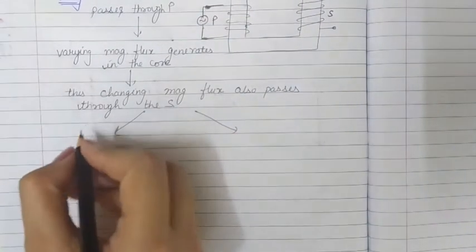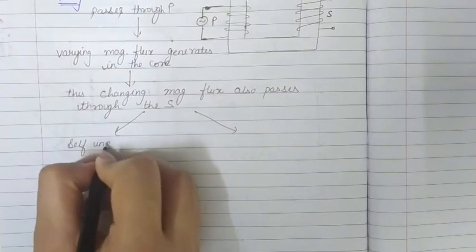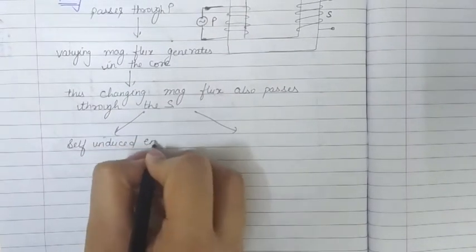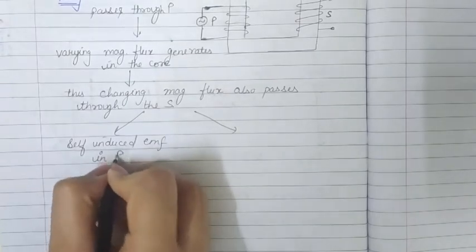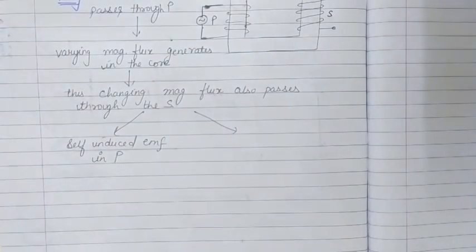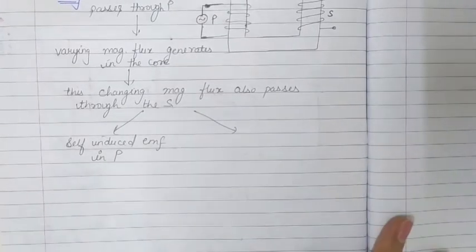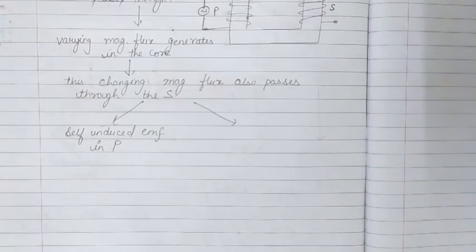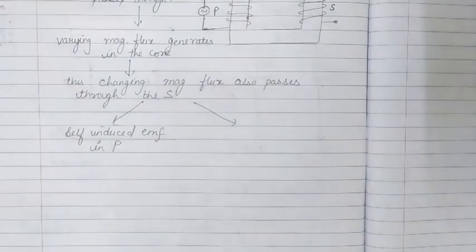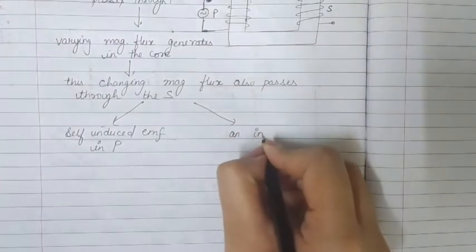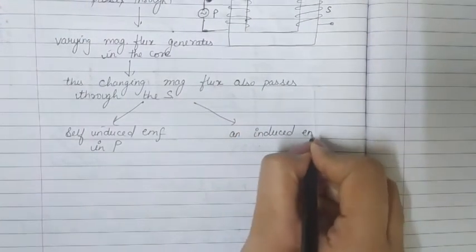First is self induced EMF in the primary coil, because this magnetic flux is actually in the primary coil, so it produces self induced EMF in the primary coil. And if there is no leakage of magnetic flux, then the whole flux linked with each turn of the primary coil will also be linked with each turn of the secondary coil. Then it will also cause an induced EMF in the secondary coil because of the phenomenon of mutual induction.